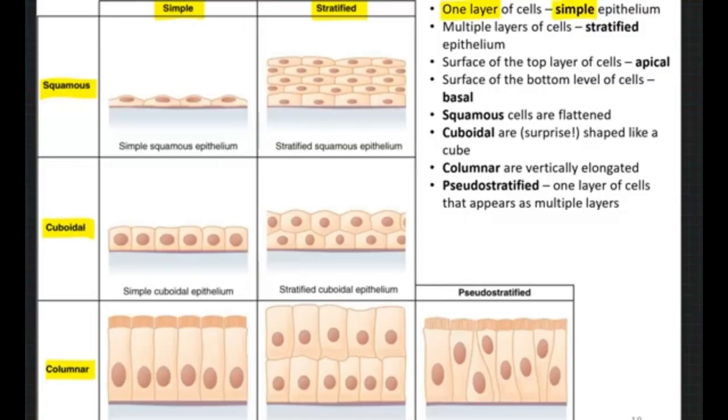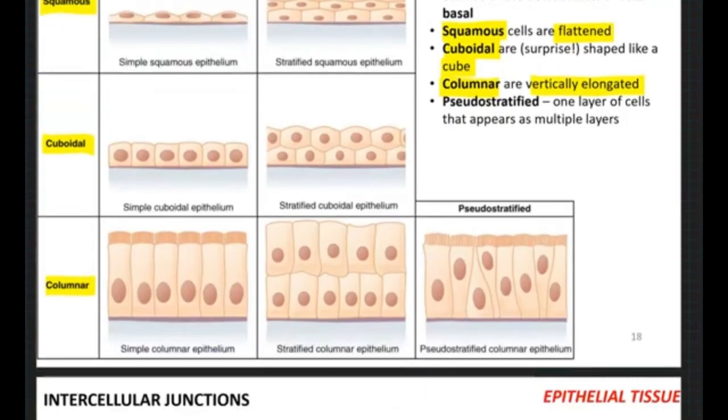When there are multiple layers, we call it stratified. In terms of shape, cells can be classified as squamous, flat, cuboidal, shaped like a cube, and columnar, which are elongated vertically.